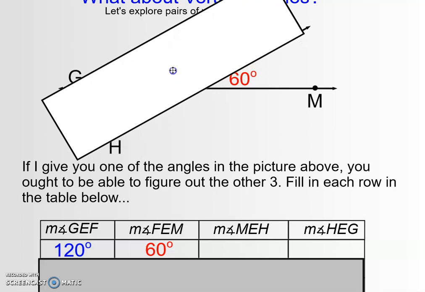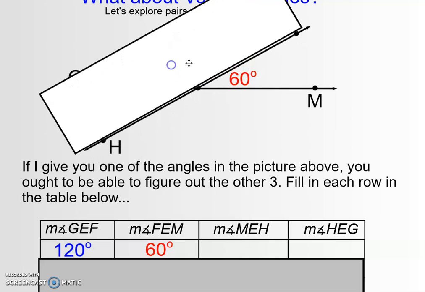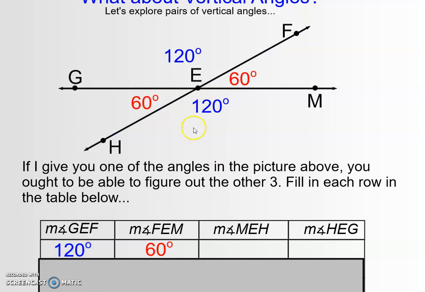Similarly, I could cover up this side of my picture, and you notice that we have a straight line here, and that straight line there measures 180 degrees. So if this is 60, this is 120. Again, those are linear pairs. And so if I go back and I look, angle MEH, that's this angle, MEH is 120, and angle HEG is 60.